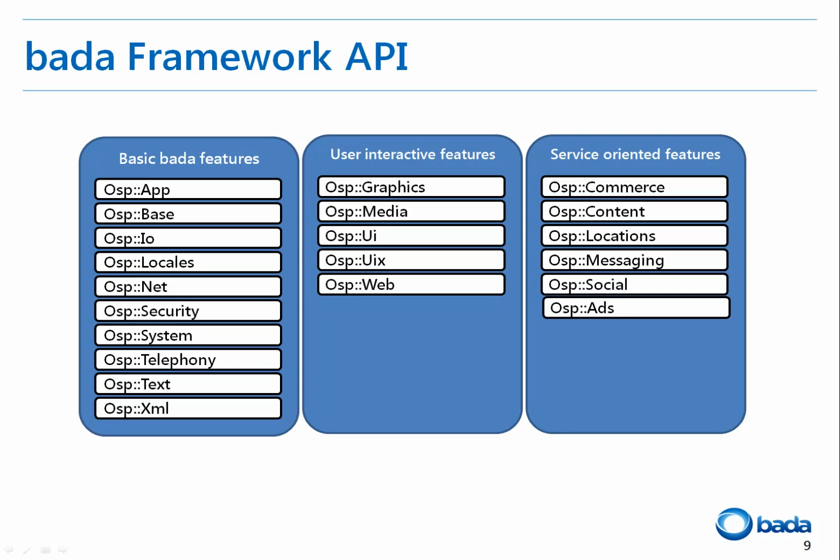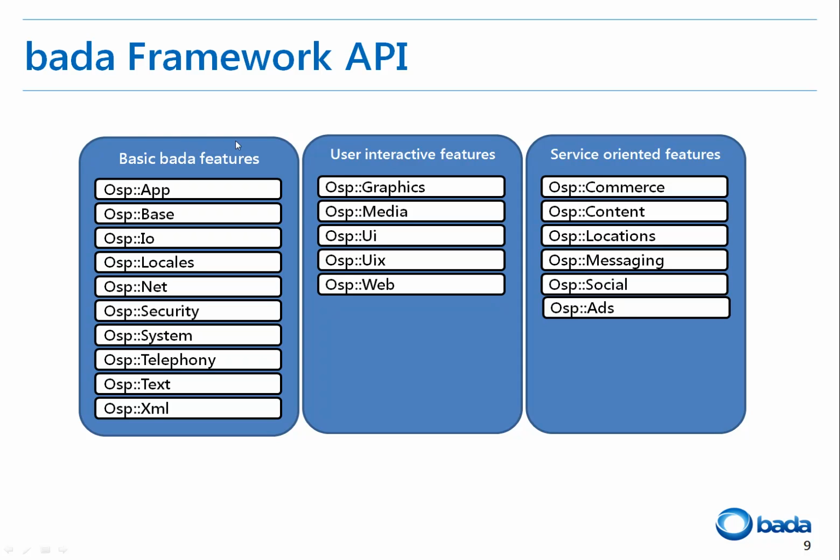Since bada was developed based on C++, various classes and APIs are bound to namespaces. These namespaces are classified into 3 feature sets: basic features, user interactive features, and service-oriented features. Basic bada features are provided to manipulate data and access files within the bada framework.